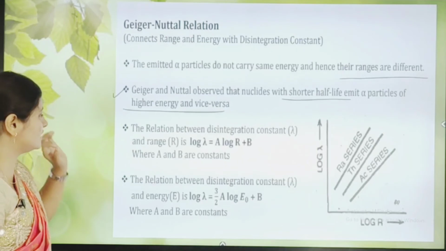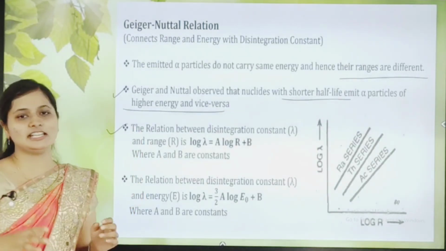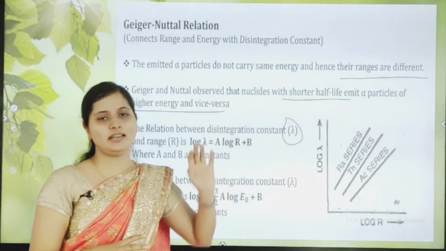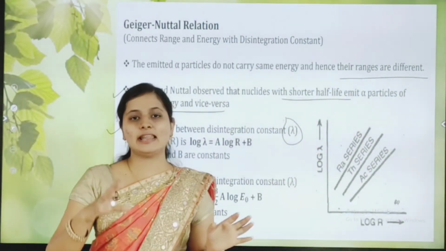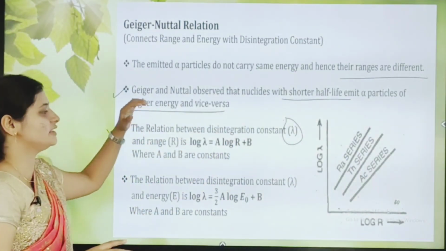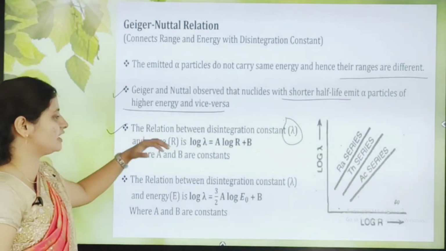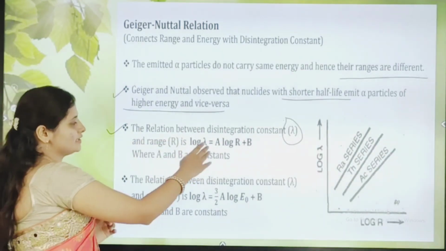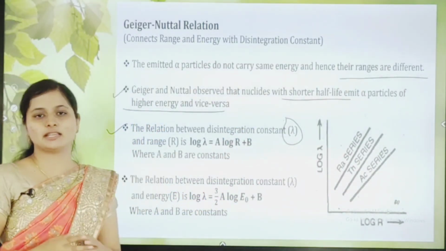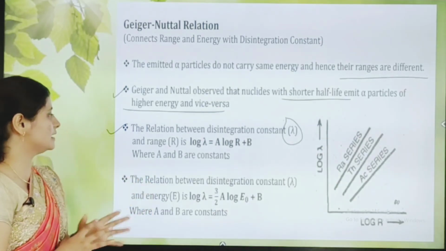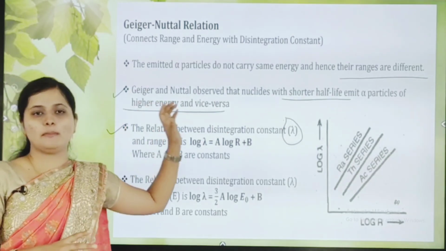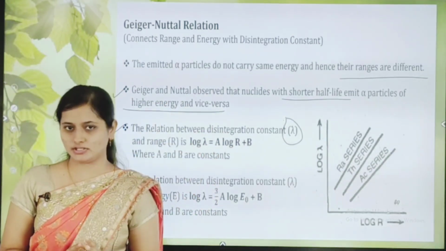In the third point, the relation between the disintegration constant lambda and the range r is log lambda equals a log r plus b, where a and b are constants.